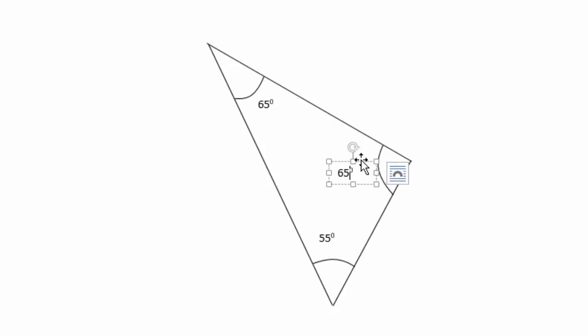Same to this one. This one I can now estimate to be maybe 80 degrees. Now take note that the background is hiding the curve, so I have to make this background transparent.